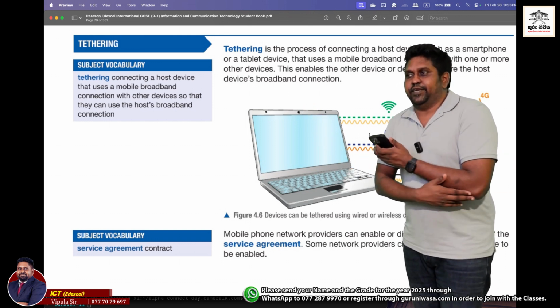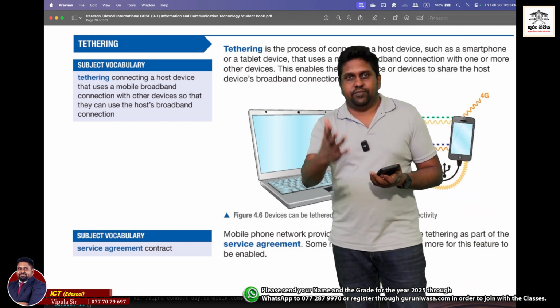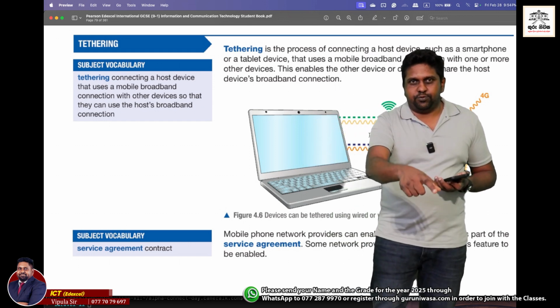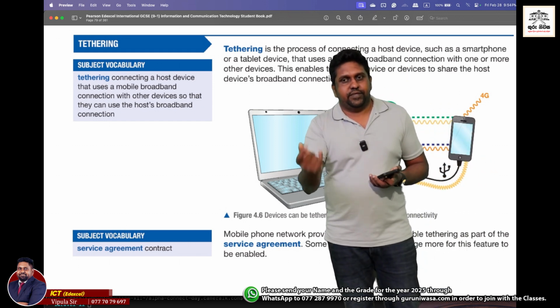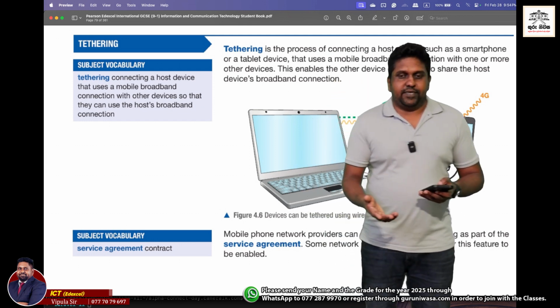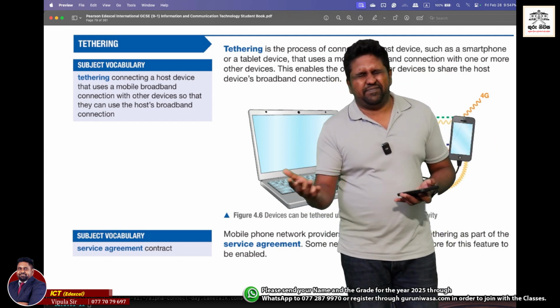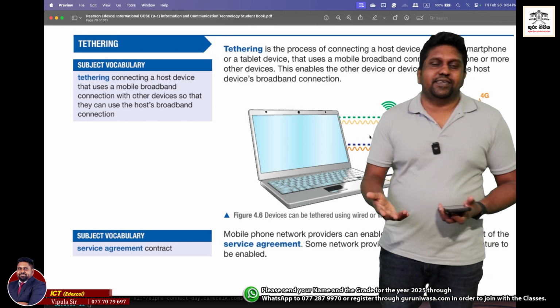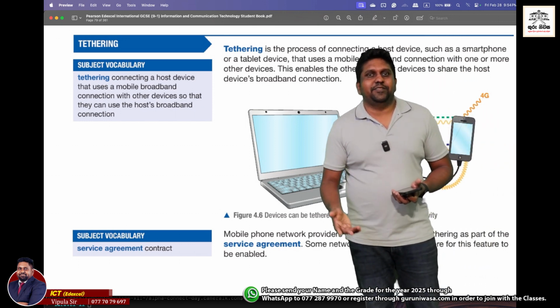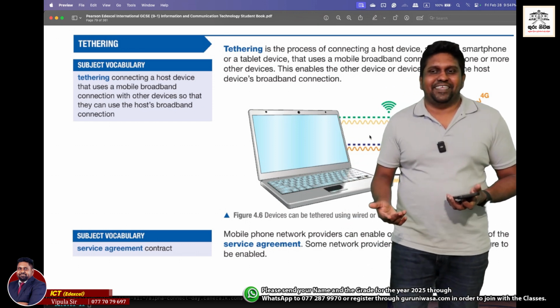But now if I have a connection where I have connected the camera through a wire to the laptop, that also falls under the concept of tethering. As well as if you connect an electric organ to a computer or some sort of a device, end of the day, it's known as tethering.